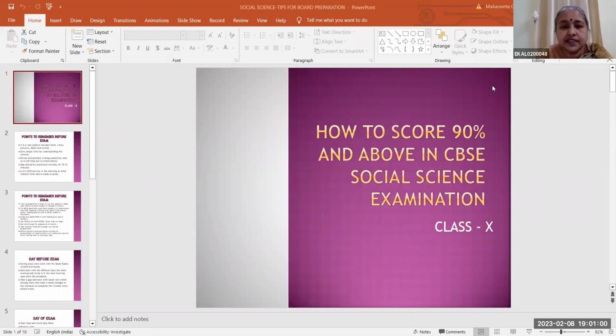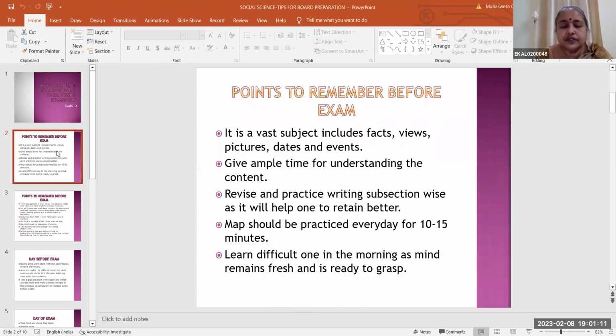When we are discussing the syllabus, we have to see that social science is already a vast subject. It comprises 4 books: history, geography, civics, and economics.